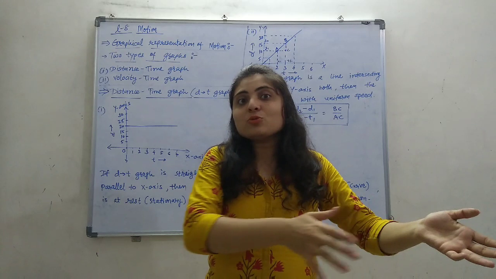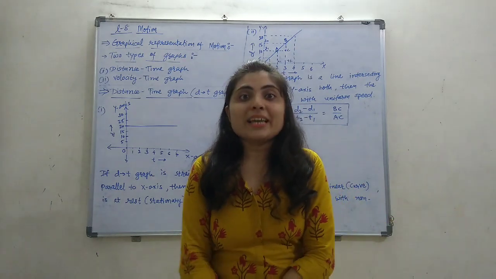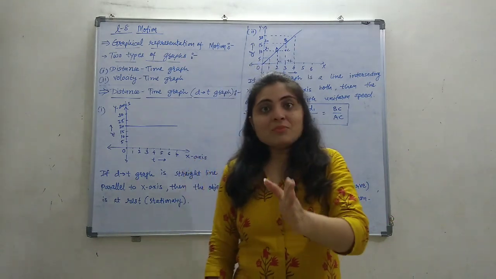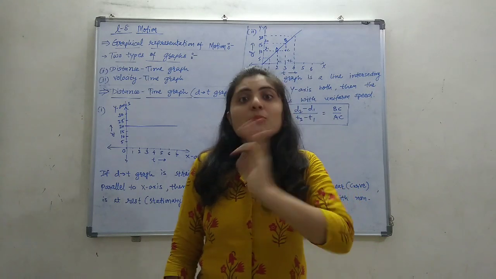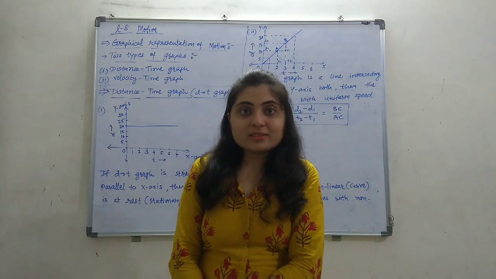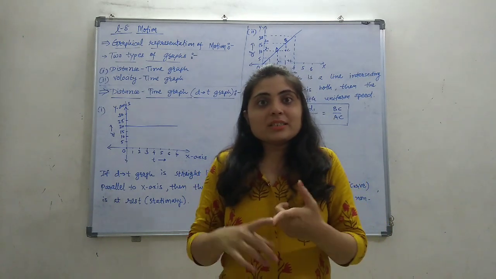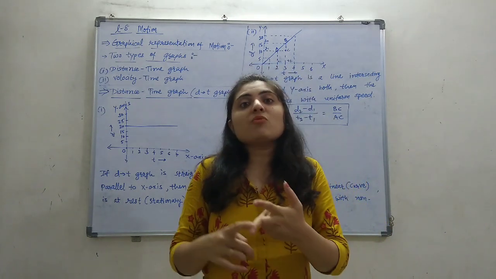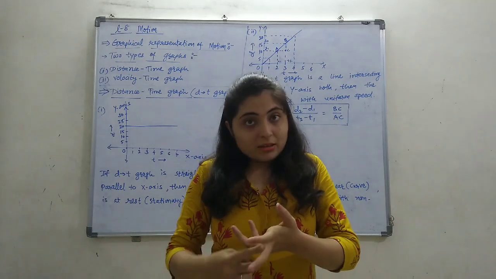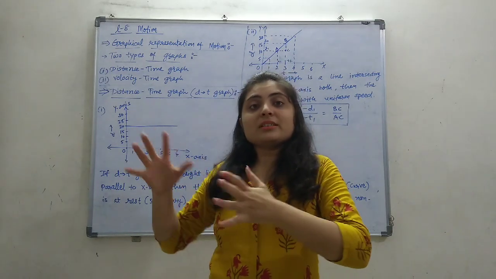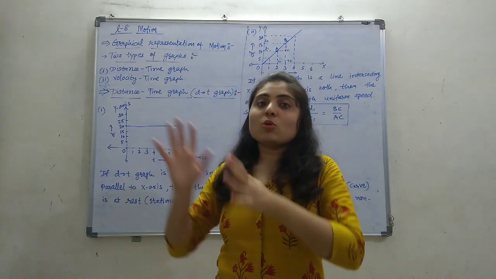So with respect to time only the motion can be represented. Time is a very important quantity in the representation of motion. These basic quantities, distance, displacement, speed, velocity, and time, are represented on a graph.